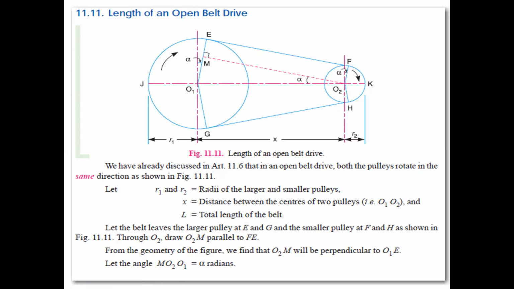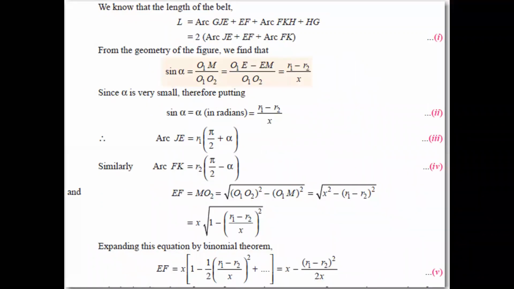From the geometry, O2M will be perpendicular to O1E. Let the angle MO2O1 be, in the triangle MO2O1, alpha. Those are the notations.